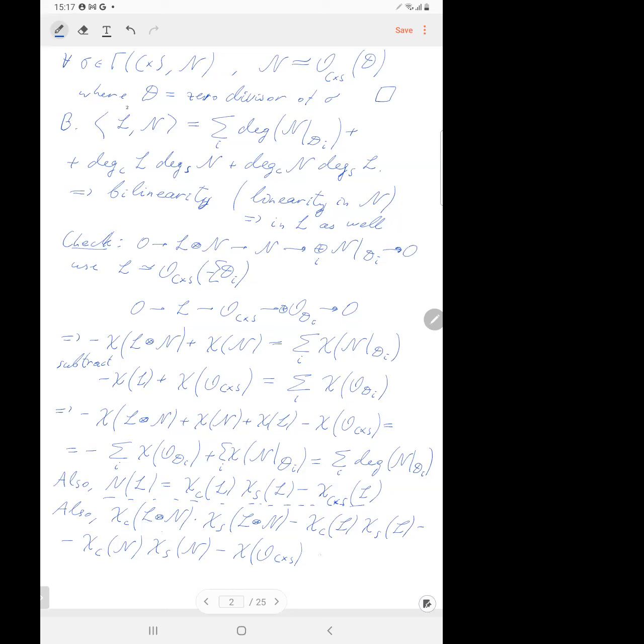Okay, and the result is by Riemann-Roch the degree along C of L times degree along S of N plus the degree of N along C times degree of L along S. Okay, and that's it. So we performed this check of part B.